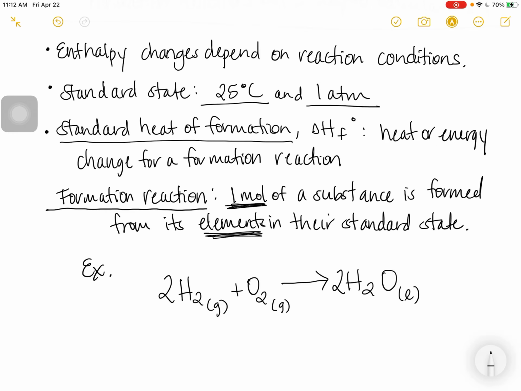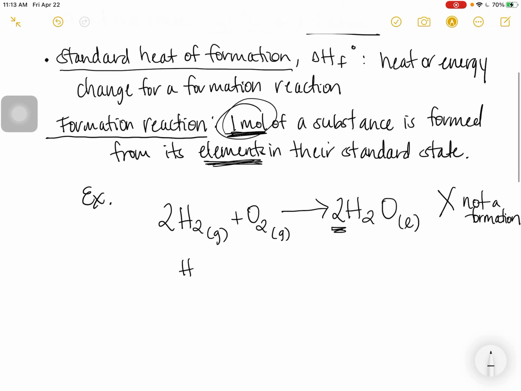Now, as written, this reaction does not meet the criteria of the definition for a formation reaction. Okay, so this is actually not formation. And the reason why is that formation says 1 mole of my substance, and I have made 2 moles. So we can get it to formation by dividing everything by 2.